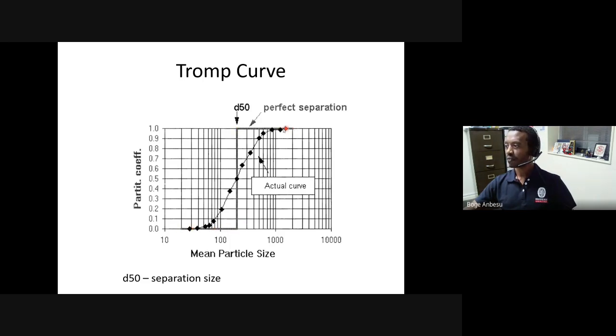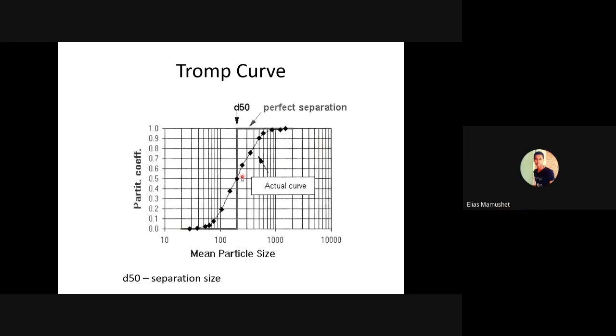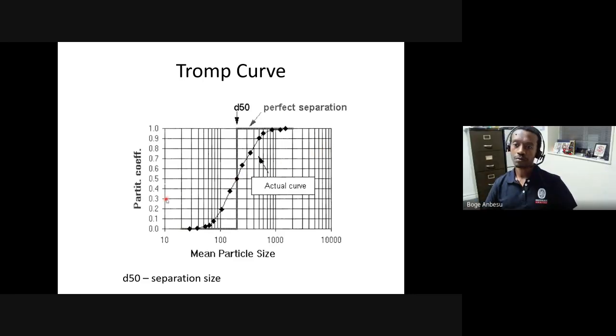If this curve is very far from the ideal separation curve, for example, if I get something like this one, if you can follow this arrow here, then I know the screening performance is very poor.